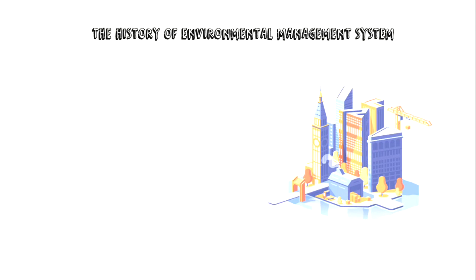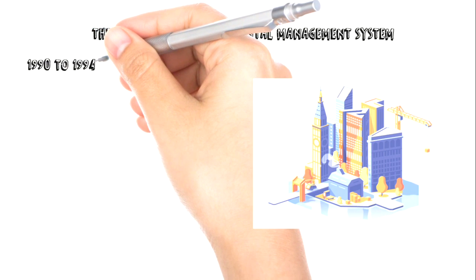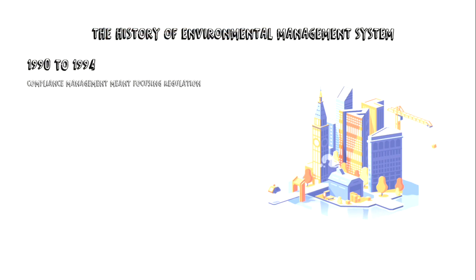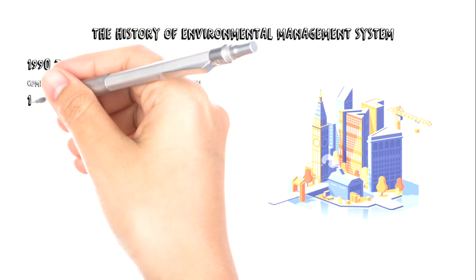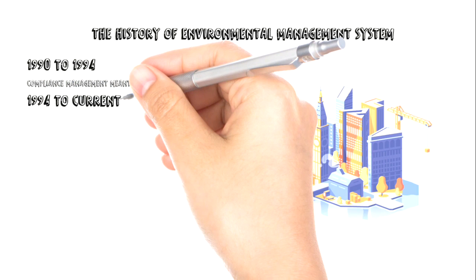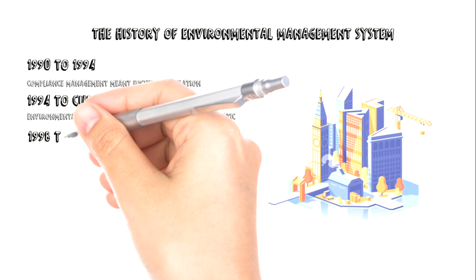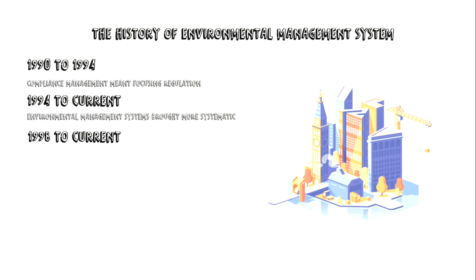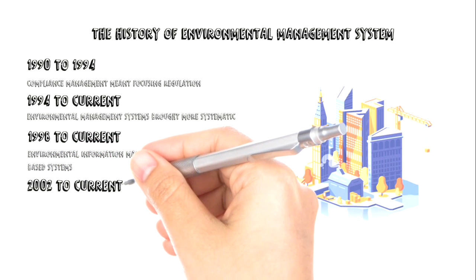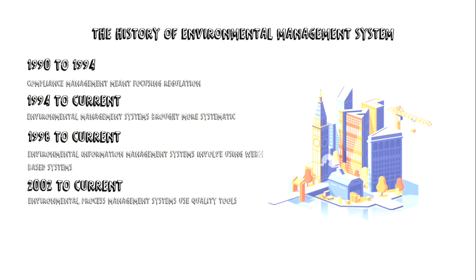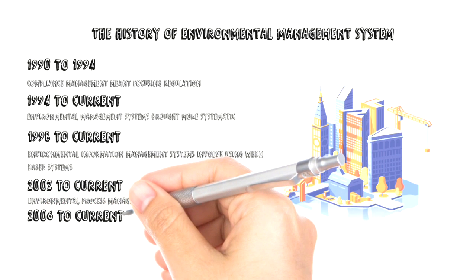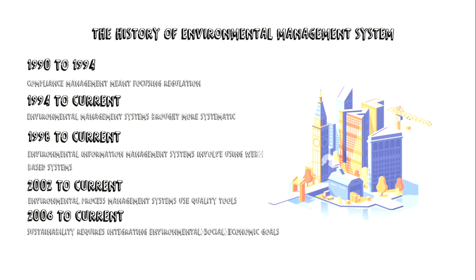The history of environmental management system. 1990 to 1994, compliance management meant focusing on regulation. 1994 to current, environmental management system brought more systematic approach. 1998 to current, environmental information management systems involve using web-based systems. 2002 to current, environmental process management system used quality tools. 2006 to current, sustainability requires integrating environmental, social, and economic goals.